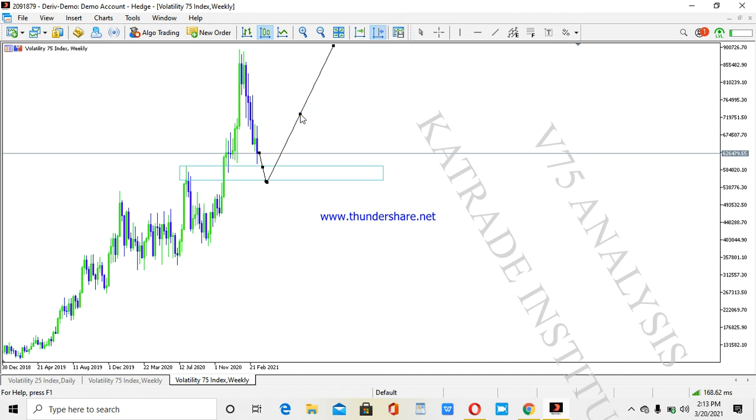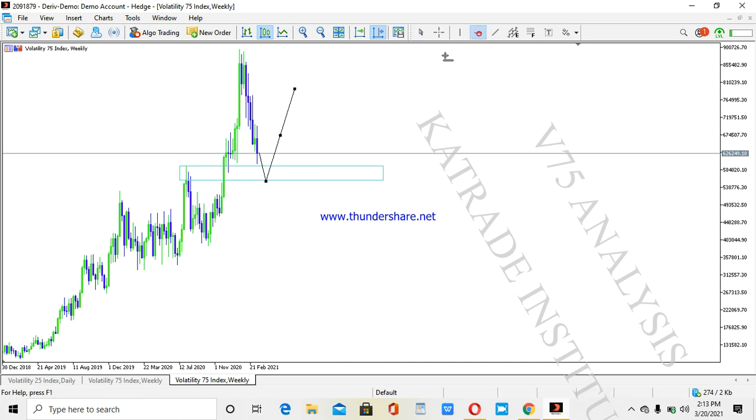So on the weekly time frame, you can clearly see that price is at a very strong support level. So definitely, if we are going to get a down move, before price moves to the downside, it may push to the upside and collect some liquidity around this key level.